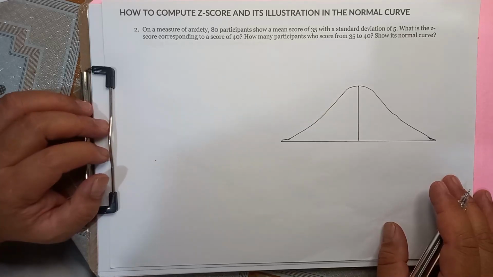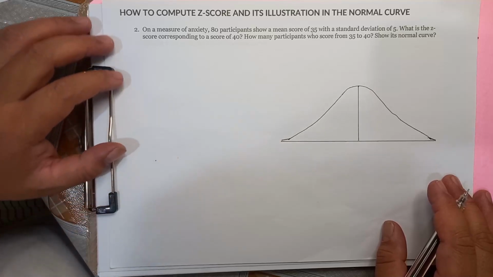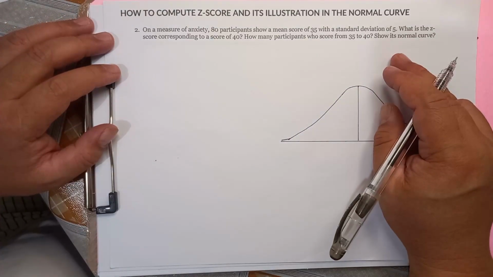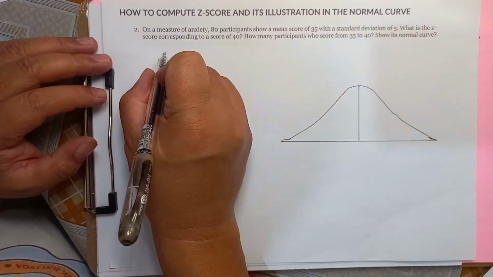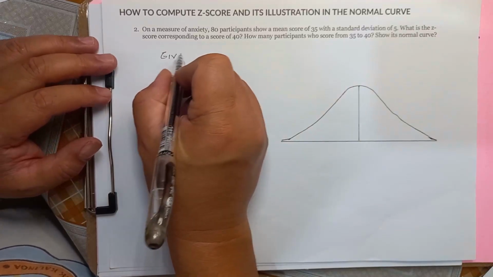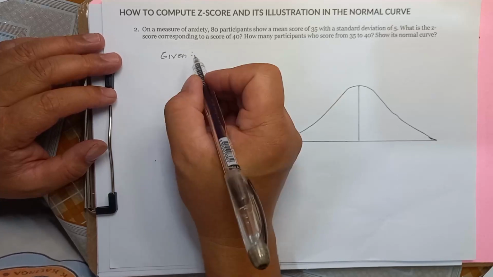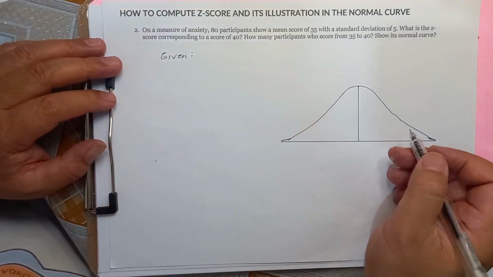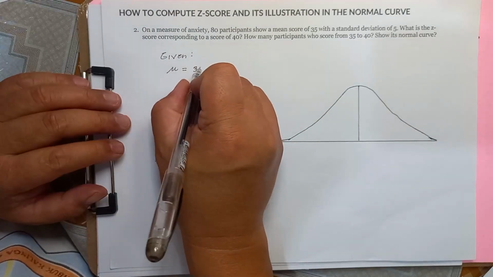Before we answer the problem or compute, we can immediately show this into its normal curve. Why? Because looking into the given, it will of course satisfy the elements of the normal curve, which is the mean of 35.